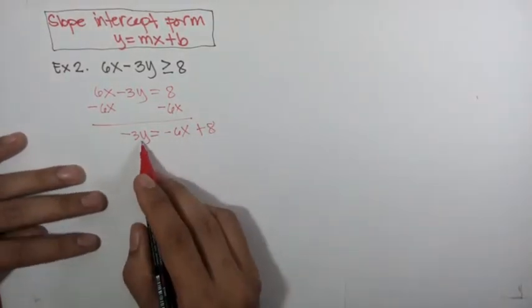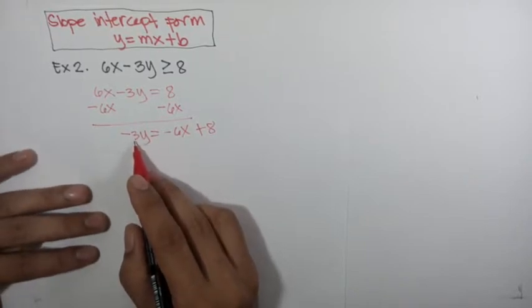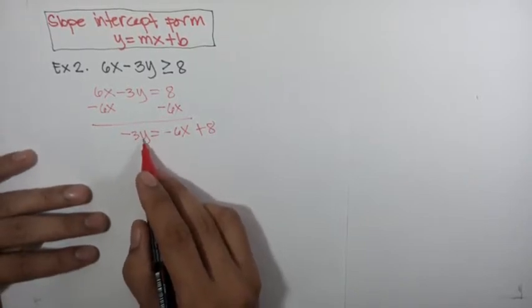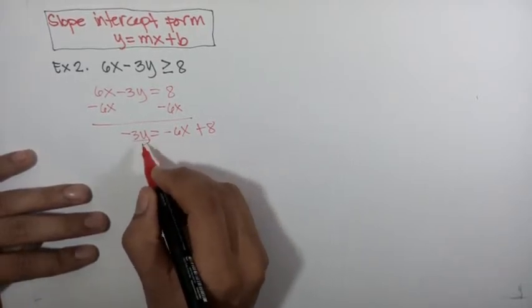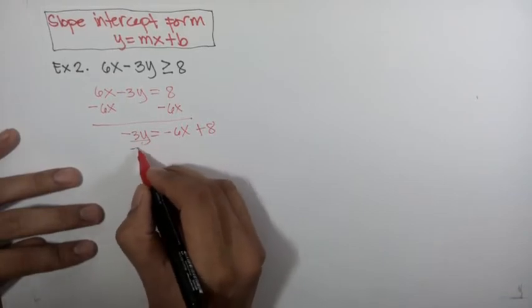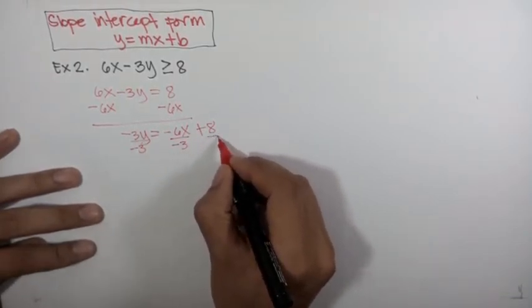Now, since y has the number negative 3, we will divide by negative 3 so that this will become 1. Our task is to have only y on the left part. So do the same on the other side. Divide all the terms by negative 3.